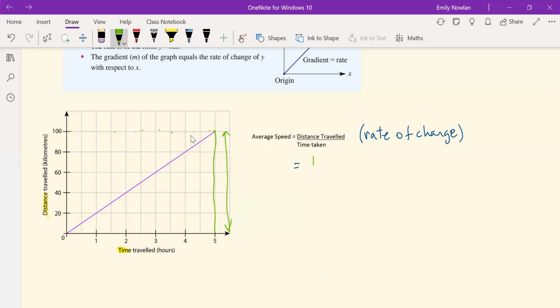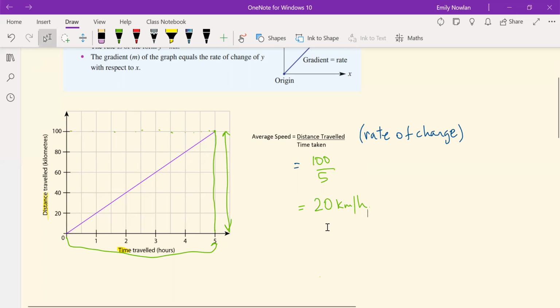So our distance traveled is 100 over the time taken. Well, the time taken was from 0 all the way up to 5. So our average speed is 100 divided by 5, which is 20, and it's kilometers per hour. So if you're on a bike, that's a very long ride, 5 hours at 20 kilometers per hour.